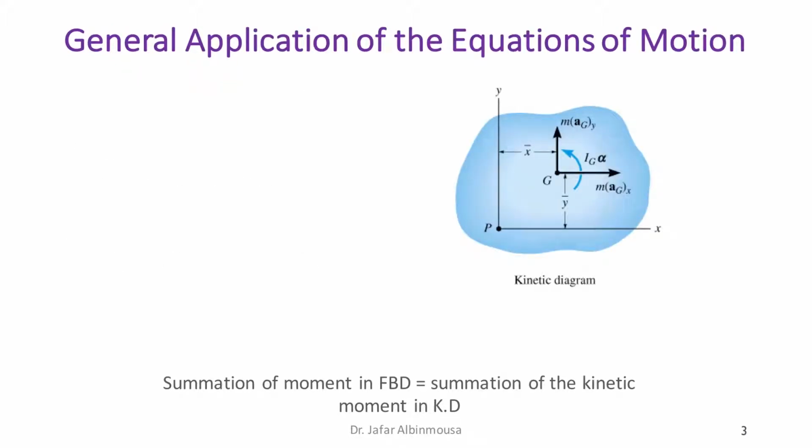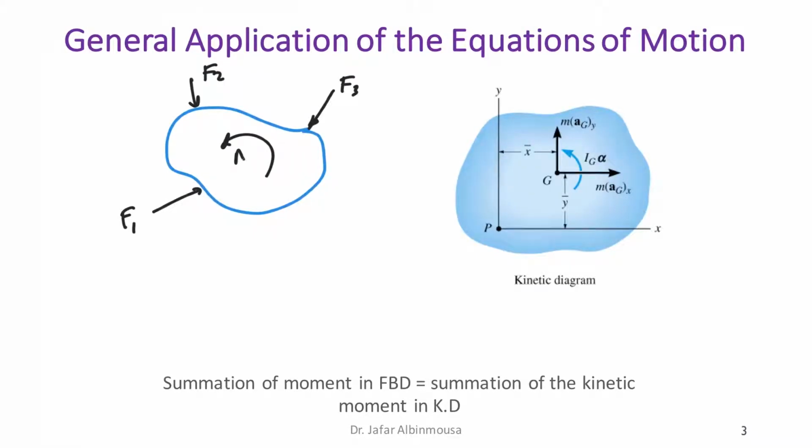Now, let's assume that we have a rigid body where there are some forces, F1, F2, F3, and let's say one moment is applied on it. And if we have X and Y as a coordinate, then we can simply write down the equations of motion, which are the Newton's second law.